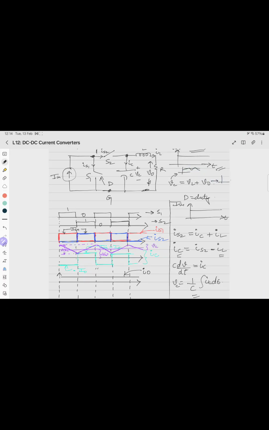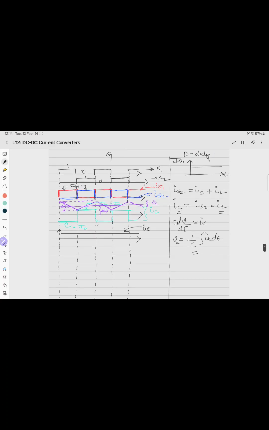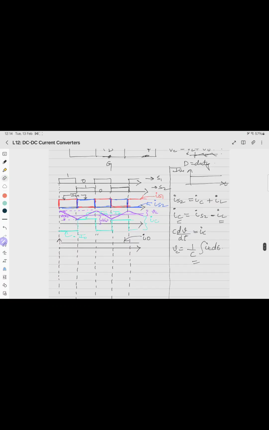So V0 should be constant. So we will take the ripple out of it. Instead of assuming that I0 is constant, I'll draw the waveform at the last.